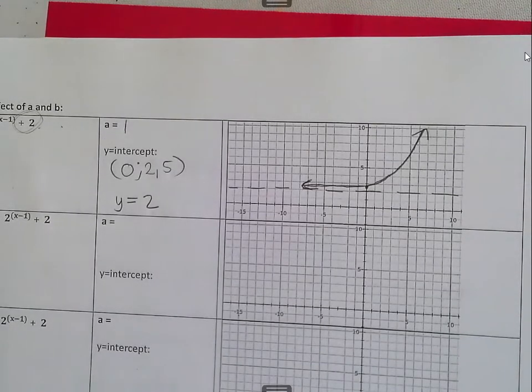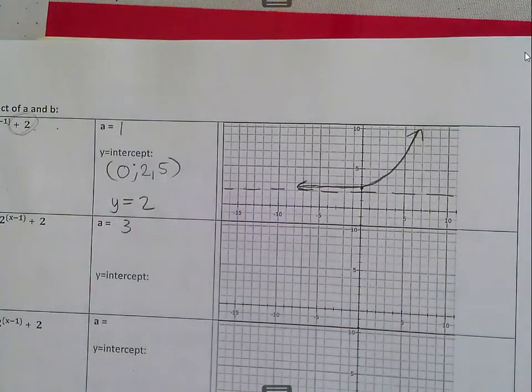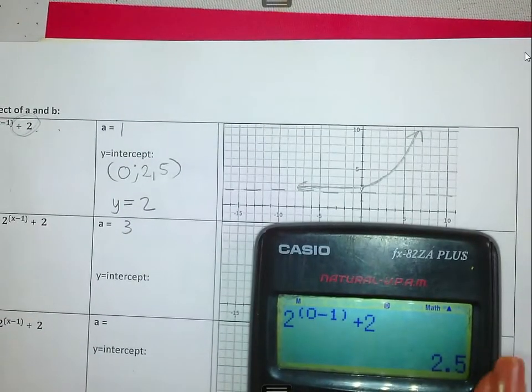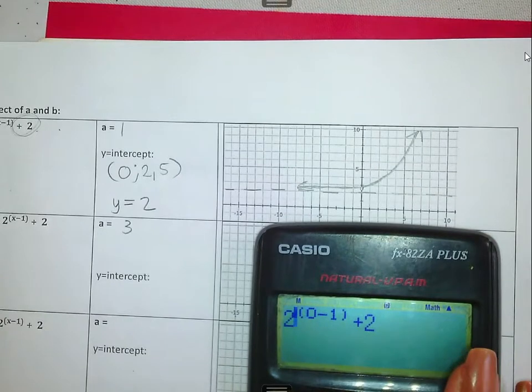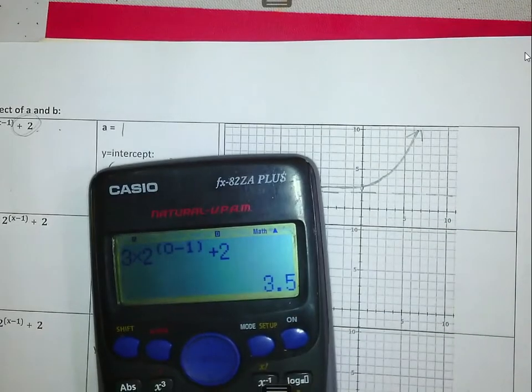3 times 2 to the power of x minus 1 plus 2. What's the value of A? 3. Now we also need to get the y-intercept, so I'm going to put a 3 here in the front, 3 times, and it gives me an answer of 3.5.